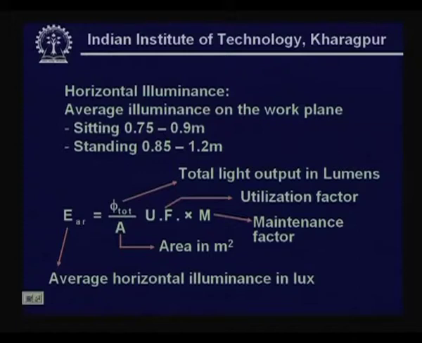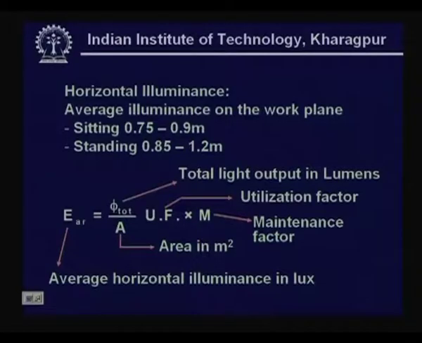This is the relationship that's given, based on the total light output in lumens that is available to the total area in meter square. We find that there are two factors which are there. Remember, all the light output that is radiated is not available on the work plane.